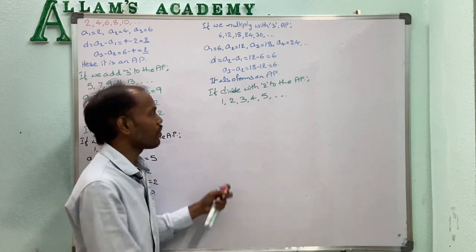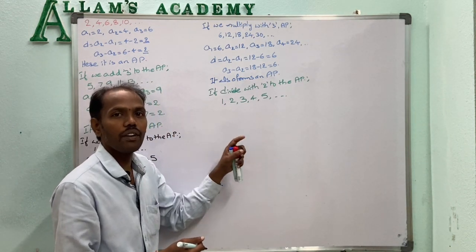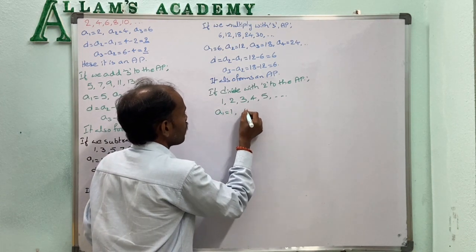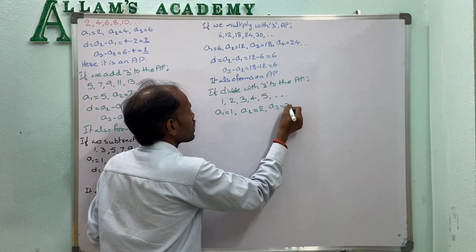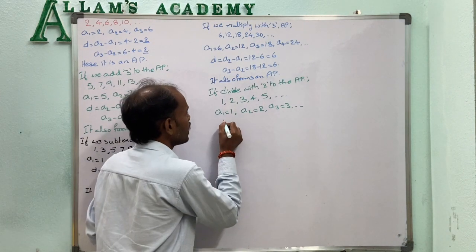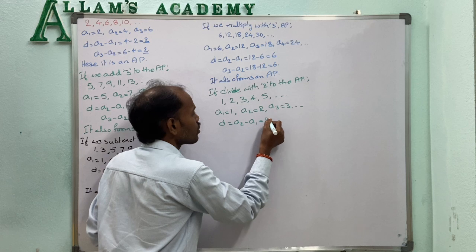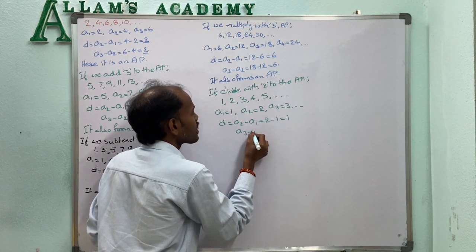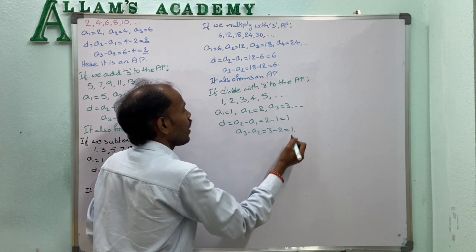Now we find the common difference to see whether it is an AP. The terms are A1 equal to 1, A2 equal to 2, A3 equal to 3, and so on. The common difference D equals A2 minus A1, that is 2 minus 1, which is 1. A3 minus A2, 3 minus 2, is 1.